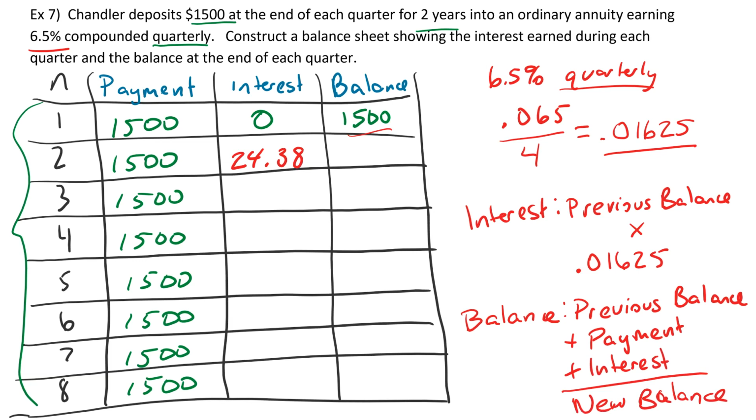In our case, we are going to be taking the 1,500 plus 1,500 plus the 24.38, and if you add all three of those together, it's going to end up giving us $3,024.38.